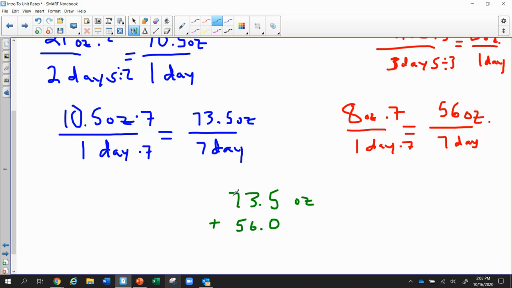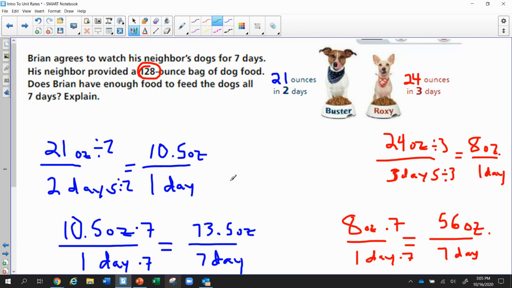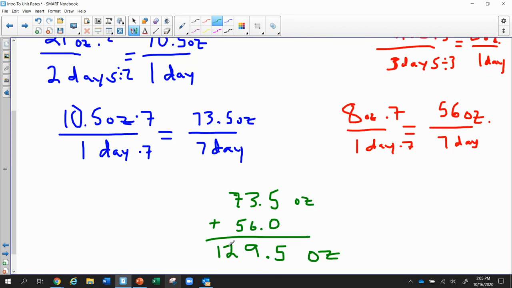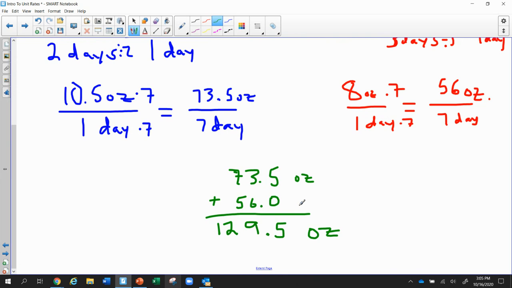I'm going to say 0.0 just so I can keep my decimals lined up. And that is going to equal 129.5 ounces. So the question is, does he have enough to feed the dogs all 7 days if he has 128? No, he does not. He's going to need some more ounces.